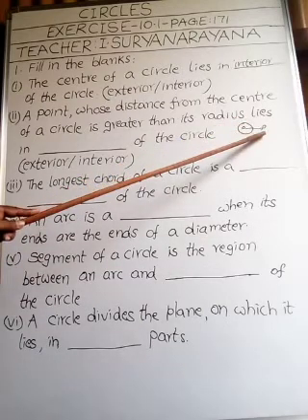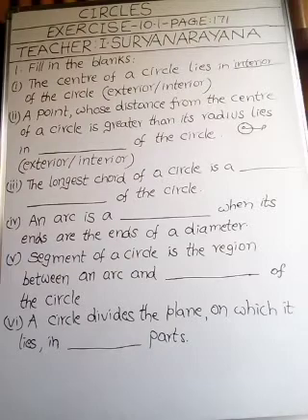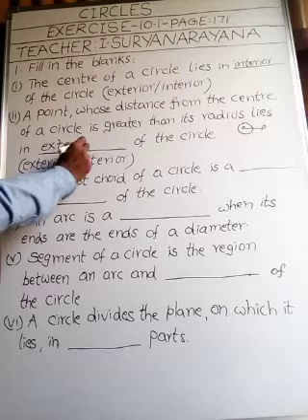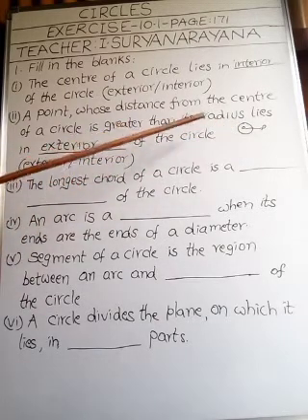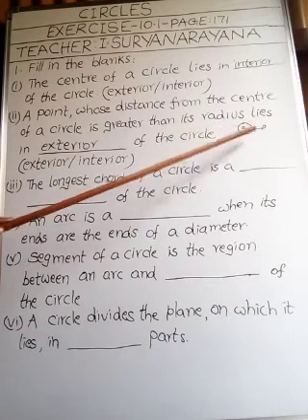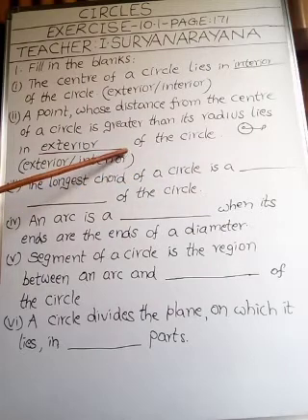Then where does this point lie, exterior or interior of the circle? Yes, exterior, because this length is greater than its radius. That is why this point lies in the exterior of the circle. Understood? Now come to the third one.